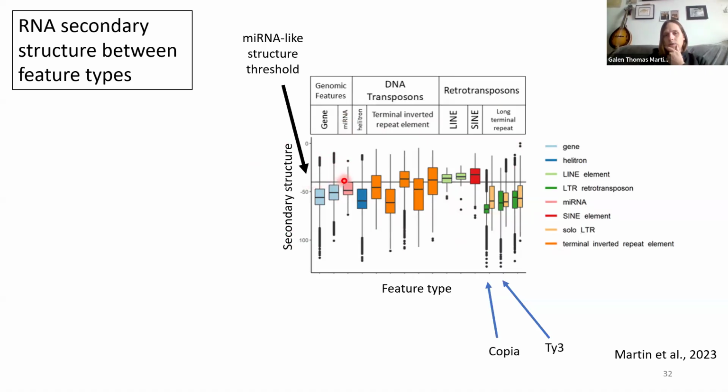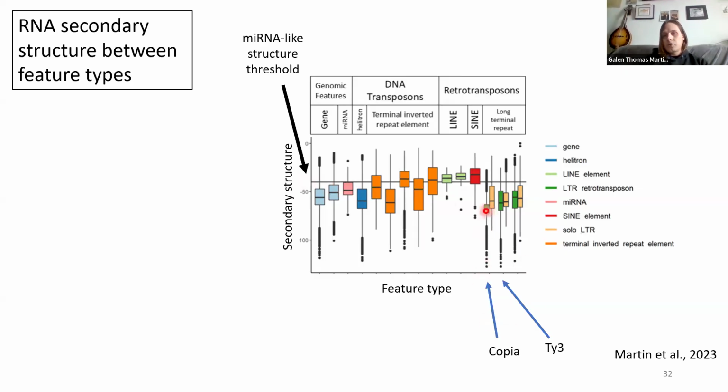And this line here represents a threshold that's supposed to be microRNA-like via a few different empirical measures. As you can see, for example, the microRNAs tend to be below the microRNA structure threshold. There are a couple of important things that I just want to point out, because they might be important later.